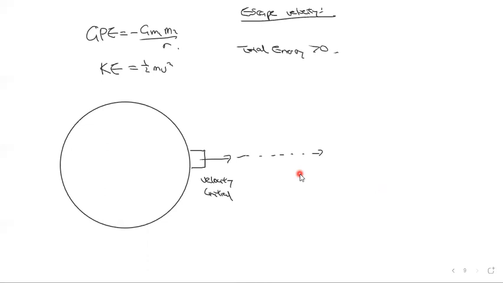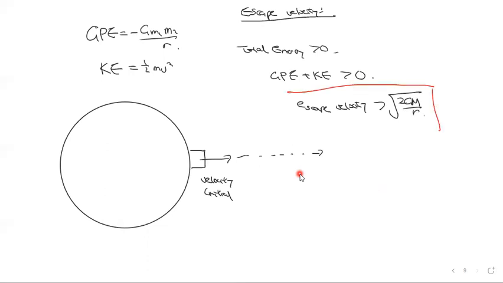So you let GPE plus KE be positive, and if you derive that, you'll get that the escape velocity must be greater than the square root of 2GM over r. Kind of like projectile motion, knowing the final answer is not as important as knowing how to get it.